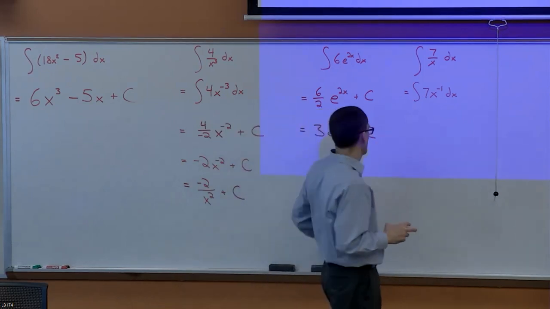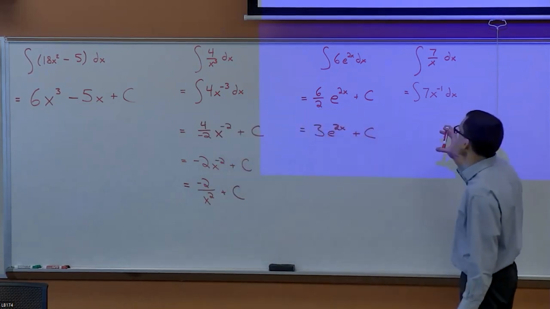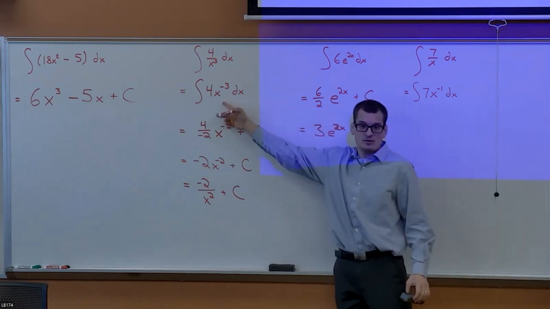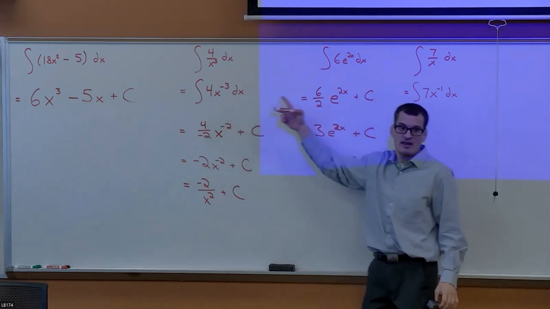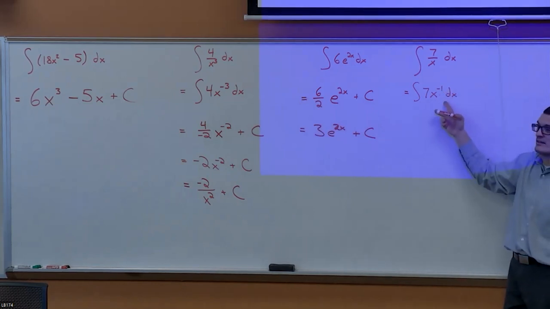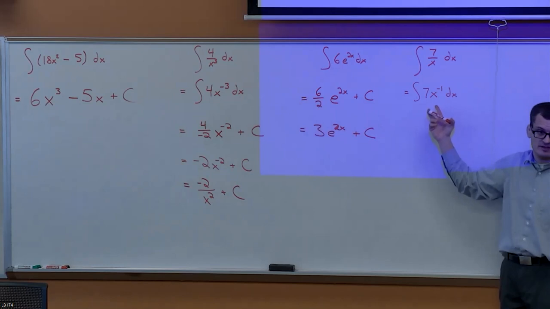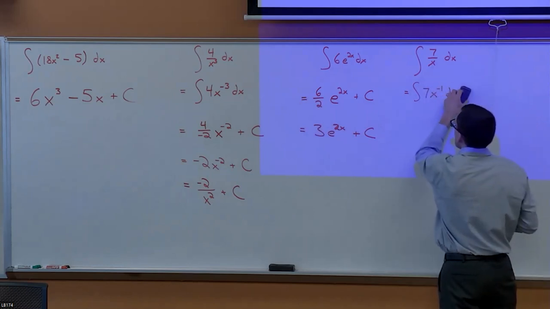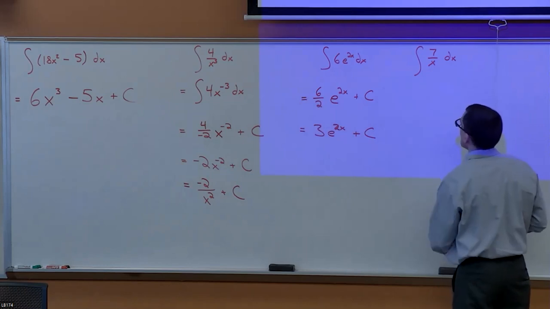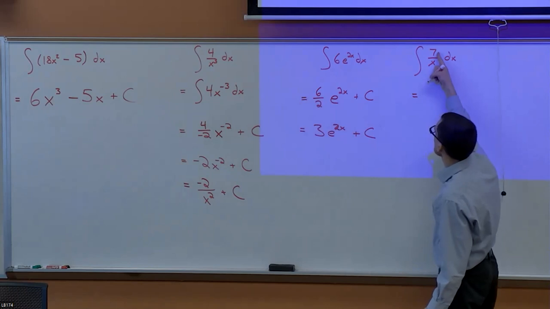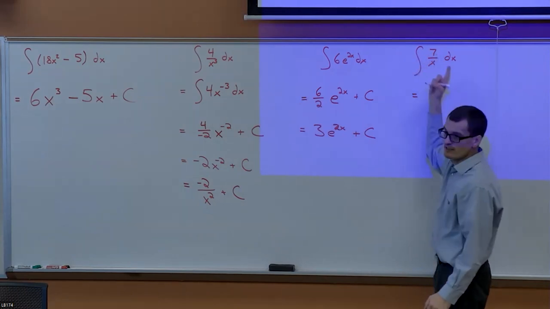Last problem on these examples, if I try to do it the same way as 4x to the negative 3, I'm going to get a problem because it's going to say add 1 and I get a 0, then I have to divide by 0. So this is the case when we have x to the first power in the denominator where we use natural log. Now be careful, this 7 is just a number that I could technically just pull out.